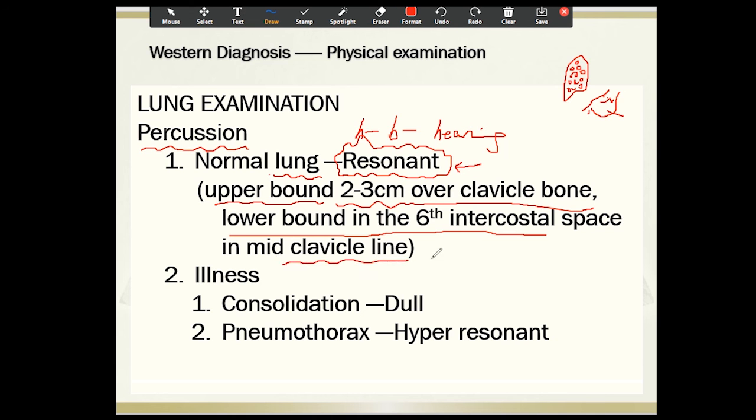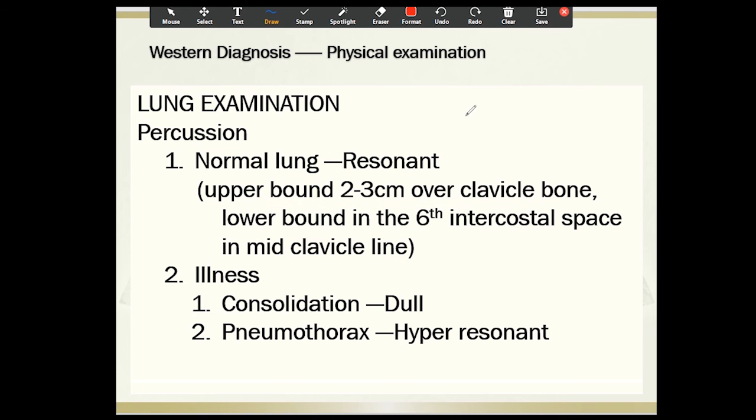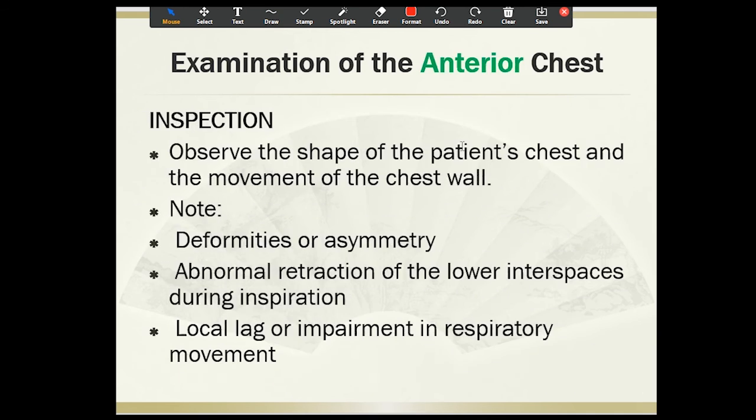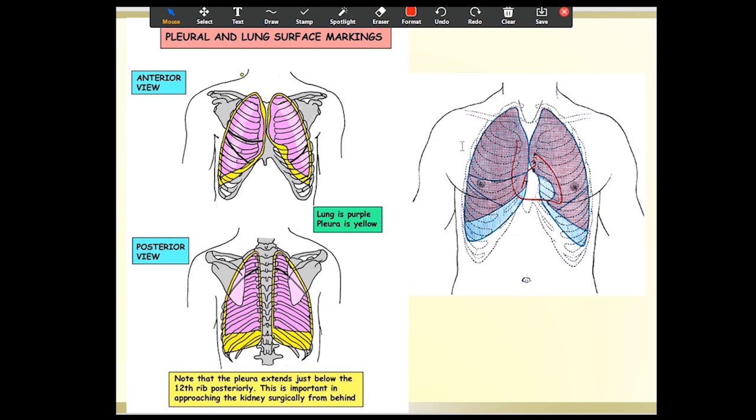We talked about where the middle clavicle line is before. That means if you percuss that area, you can hear the resonant sound that belongs to the lung. We have a picture here.